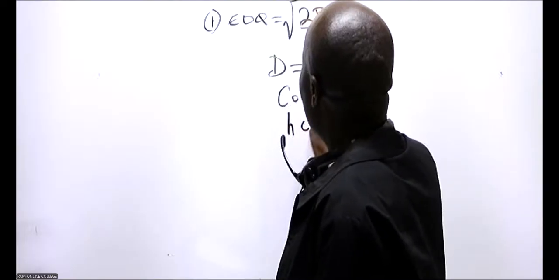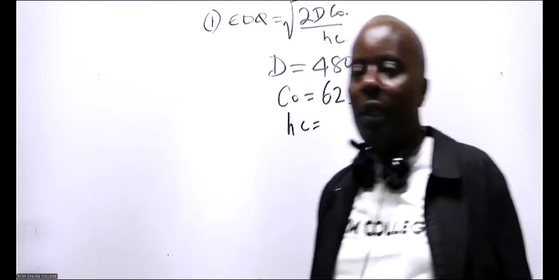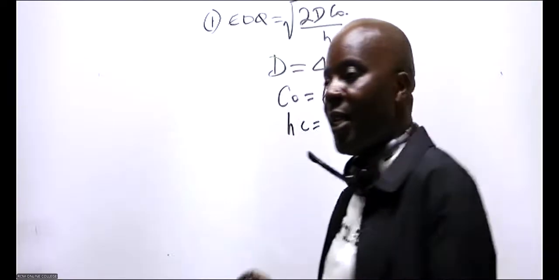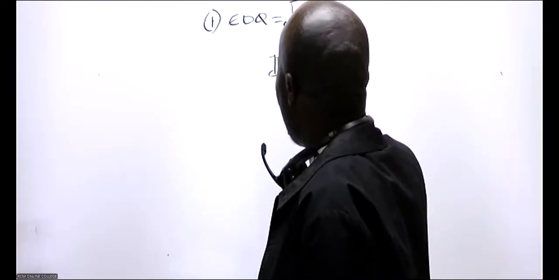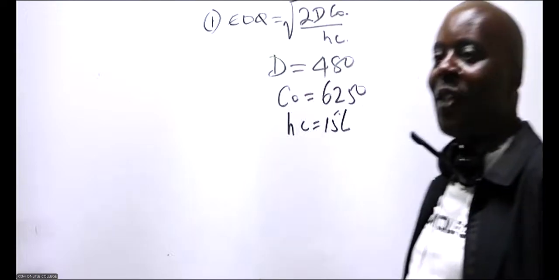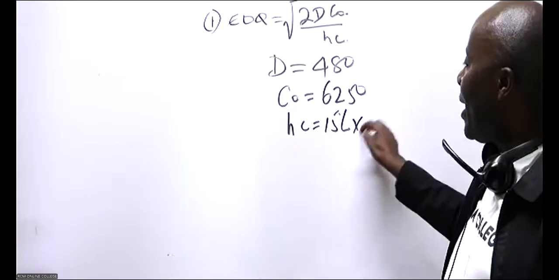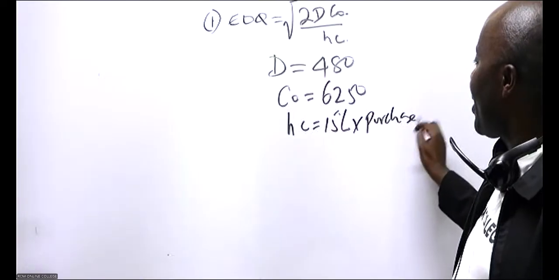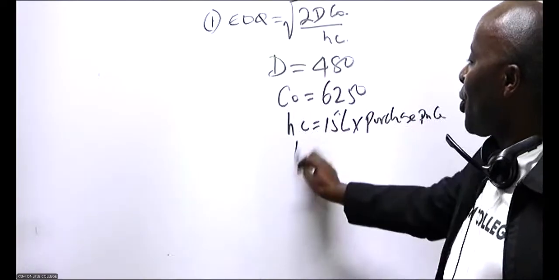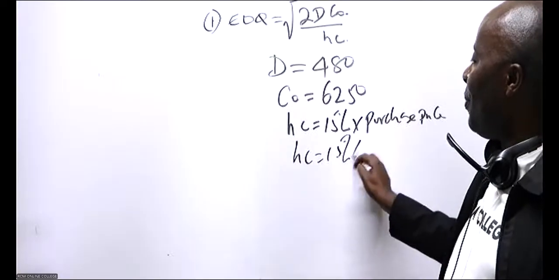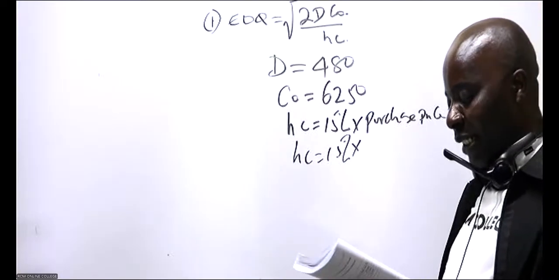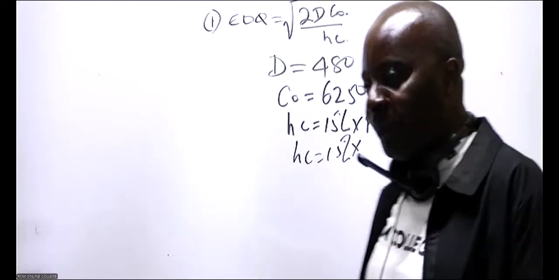And we have HC. They have given us 15%, but you can't use it as a percent. It has to be 15% of the purchase price. So the holding cost will be 15% times the price. Have they told us how much this mattress is going for? 4,000.